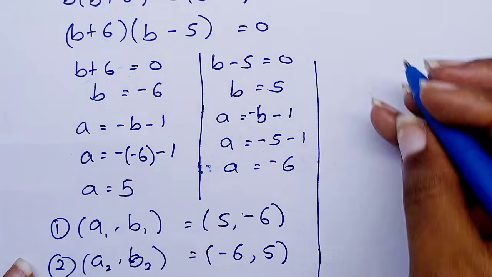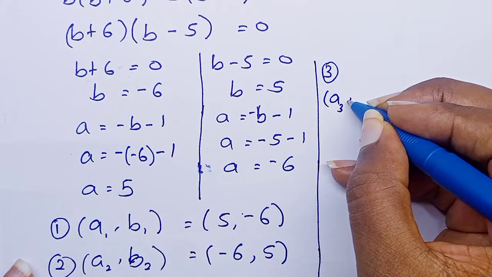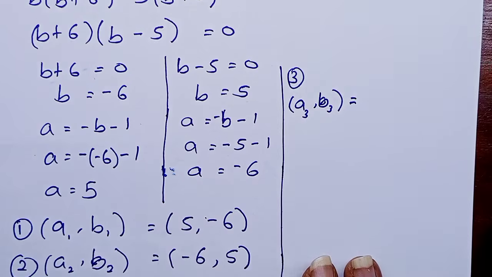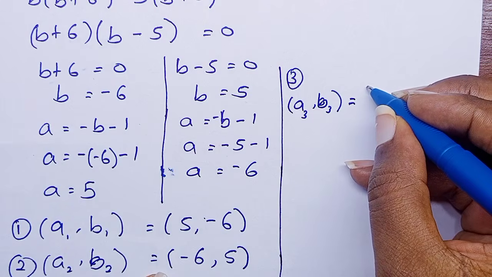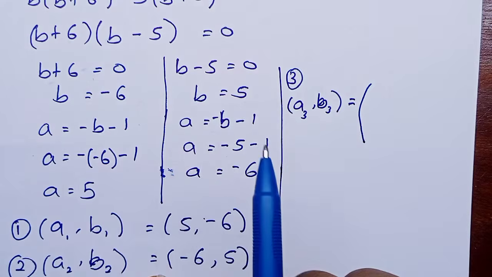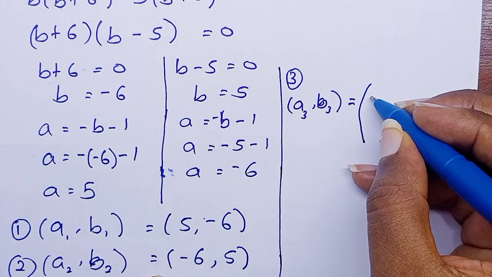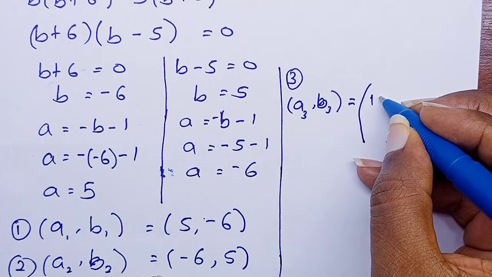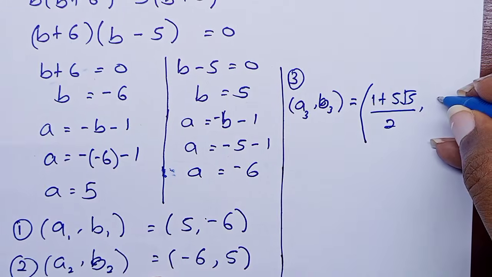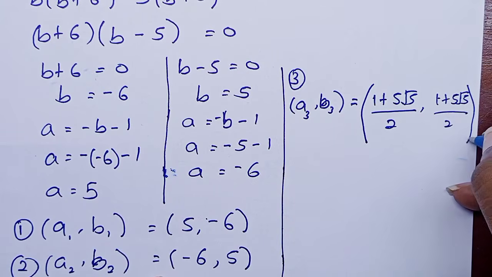Then our third one was, we got the value of A. So for the first, whatever we worked on, A was equals to B. So our first value of A was (1 plus 5 root 5) over 2, which was equals to B. So also B was (1 plus 5 root 5) over 2.